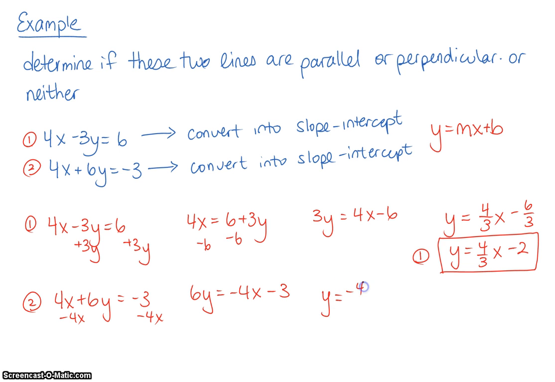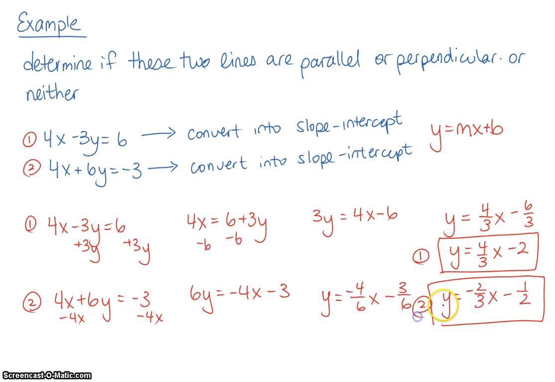Then I'll get negative 4 over 6x minus 3 over 6. Now in this case here, again, this reduces, so I'm going to get y is going to equal, if I divide this by 2, negative 2 over 3x, and if I divide this by 3, 1 over 2. That would be my second equation.